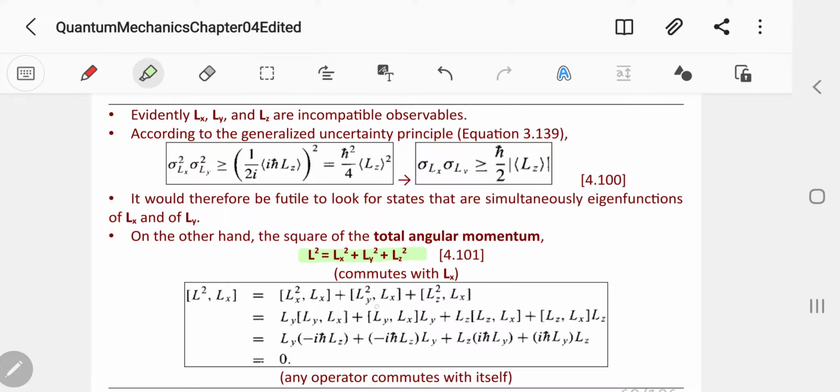Ly does not commute with Lx. This one is automatically 0 because Lx commutes with itself.